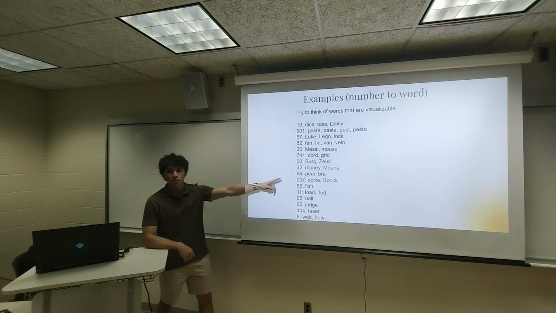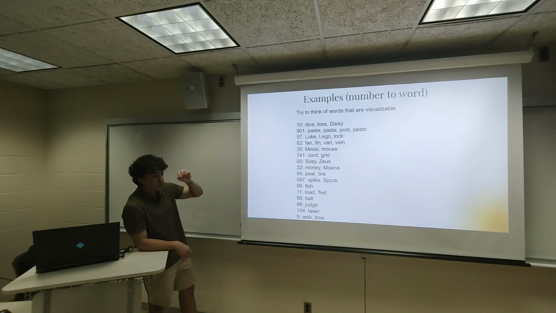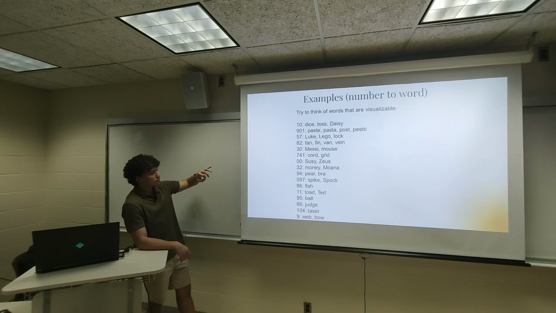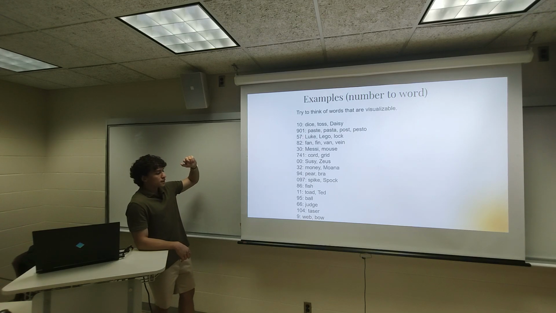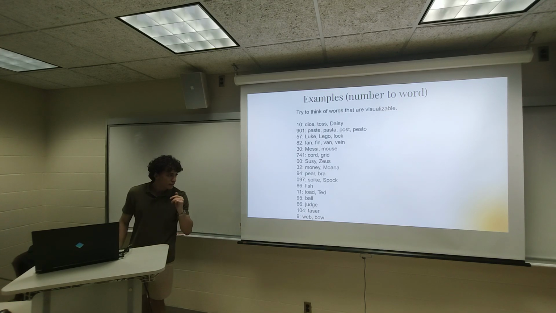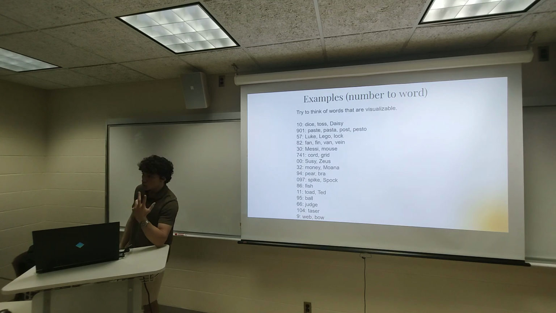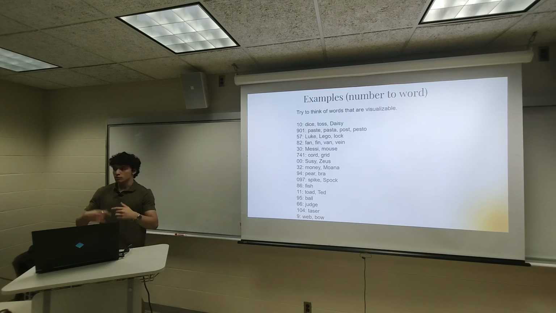Notice that Spock, it's C-C-K, but it's one sound of K. So Spock is 097. 86, fish. 11, toad, Ted. 95, ball. 66, judge. 104, taser. And 9, web, bow, bowl. No, bowl would be 95.